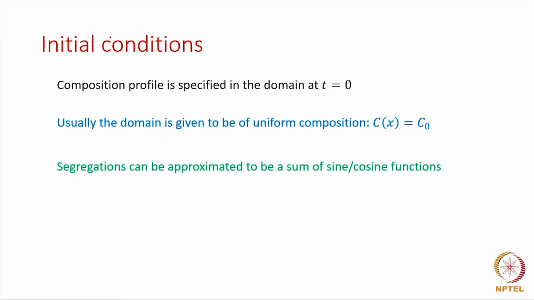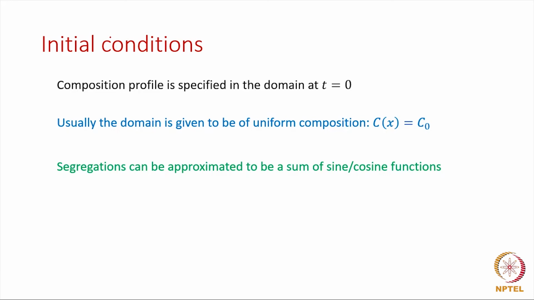For example, after solidification, after additive manufacturing, there is some segregation of elements in the domain that we are looking at, and we are looking at, let us say, a homogenization process. In such a case, the initial composition profile is actually a segregated profile, and it can be assumed to have some ups and downs that have to be obtained from the experiments.